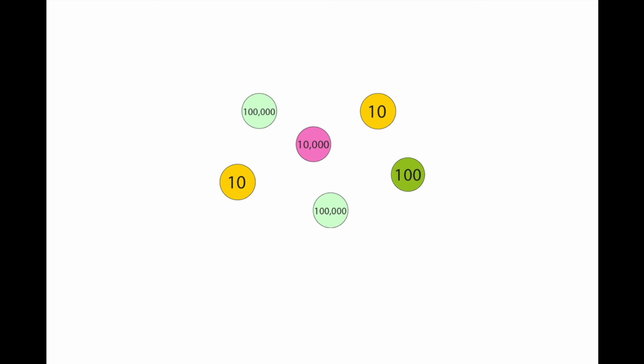Put all the like pieces together and tell me what number we have here, please. So we have 200,000, we have 10,000, we have 100, and we have 20, and that makes 210,120.